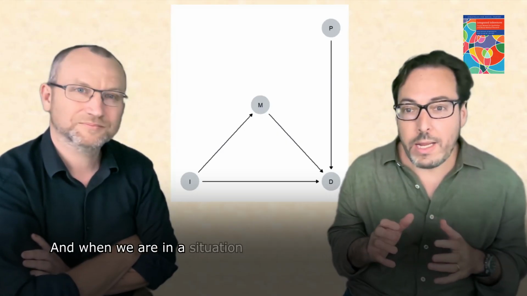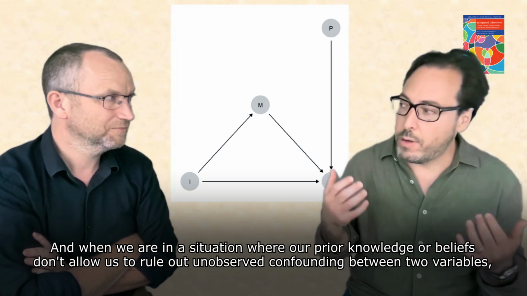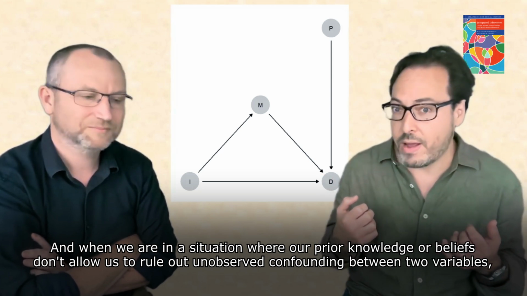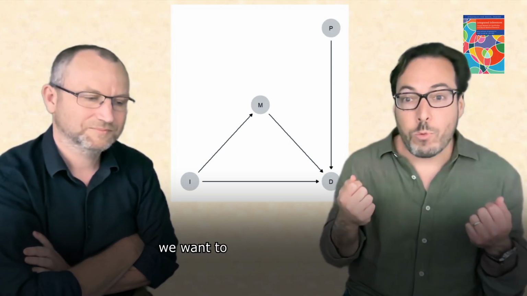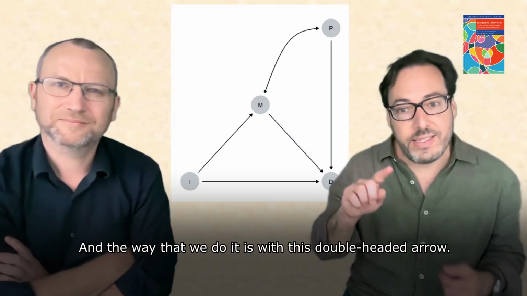And when we are in a situation where our prior knowledge or beliefs don't allow us to rule out unobserved confounding between two variables, we want to represent that as well. We want to capture that. And the way that we do it is with this double-headed arrow.